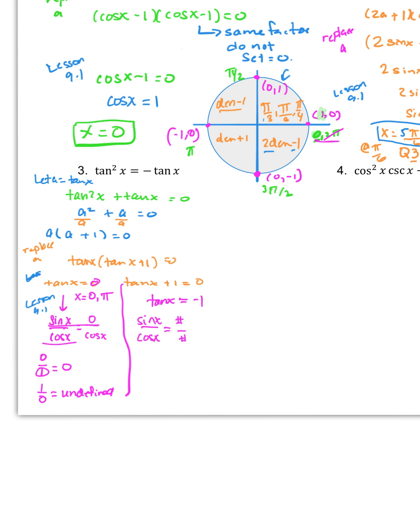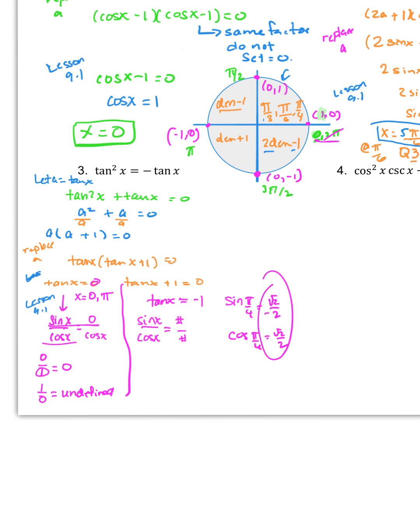So any number by itself would do it exactly the same. The only way that works for tangent is at pi over 4, because remember, the sine of pi over 4 is square root of 2 over 2, and the cosine of pi over 4 is square root of 2 over 2. These have to be exactly the same in order for you to get a 1, or one of them has to be negative to get a negative 1. So either one of these works.